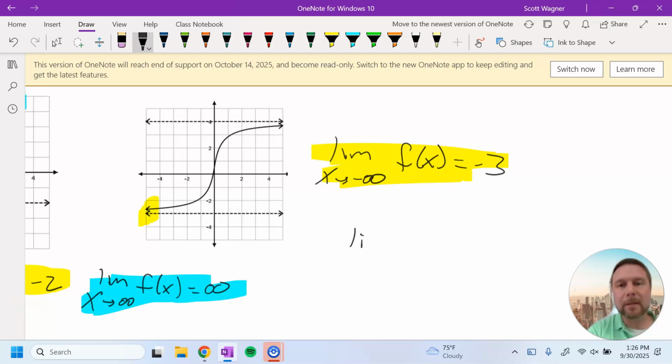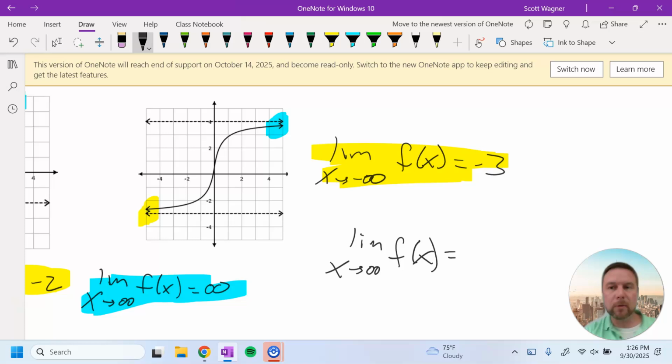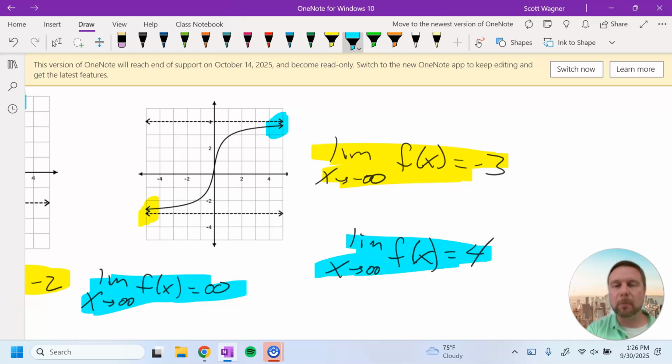How about the limit as x approaches positive infinity? We're going to be looking over here at this part of the graph in blue. As we get bigger on the right side, the function itself is not going up to infinity, it's not going down to negative infinity. It looks like it flattens out to that horizontal asymptote of 4. So that's that blue part right there.